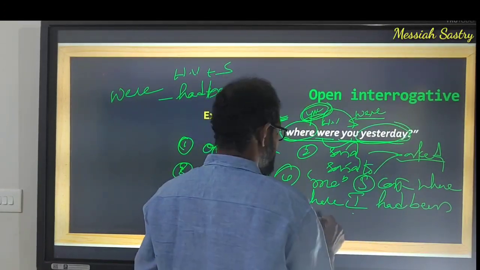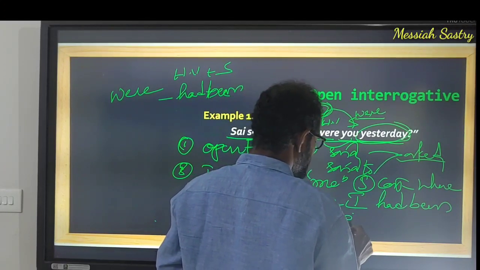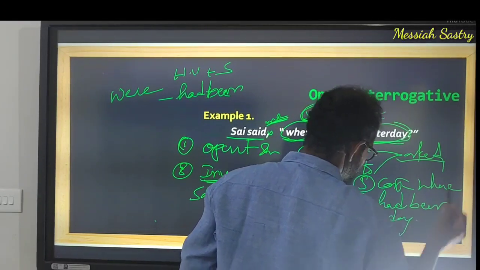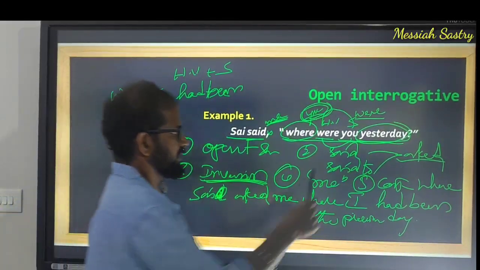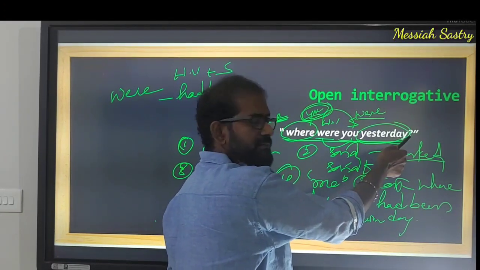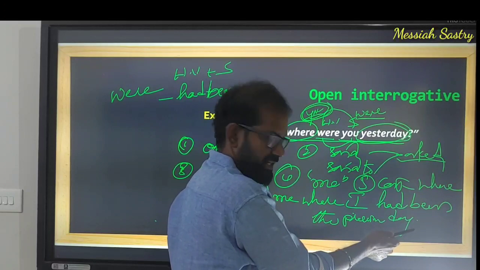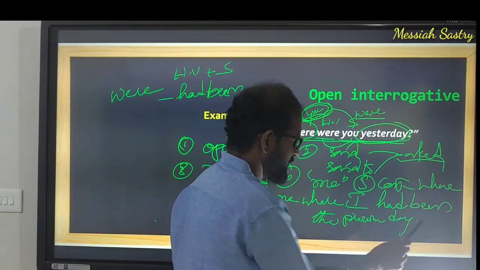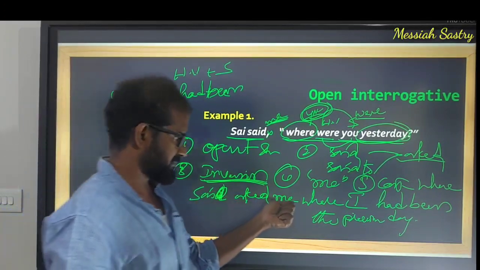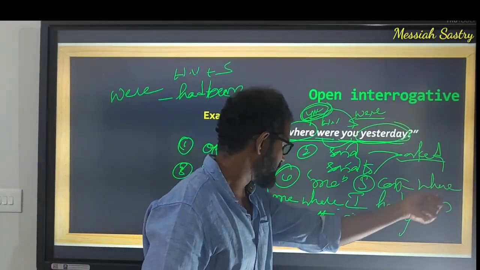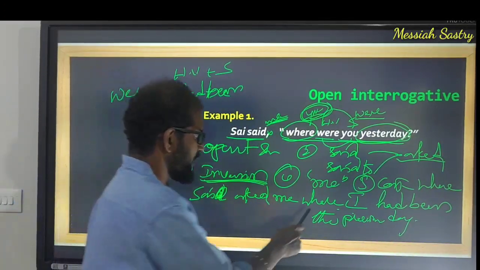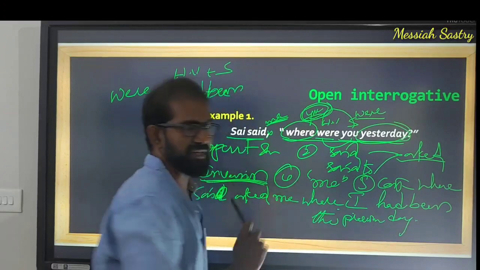Time change: the previous day. Full stop. Even though direct speech ends with a question mark, in indirect speech, I told you the sentence has to end with a full stop. Answer is, Sai asked me where I had been the previous day.